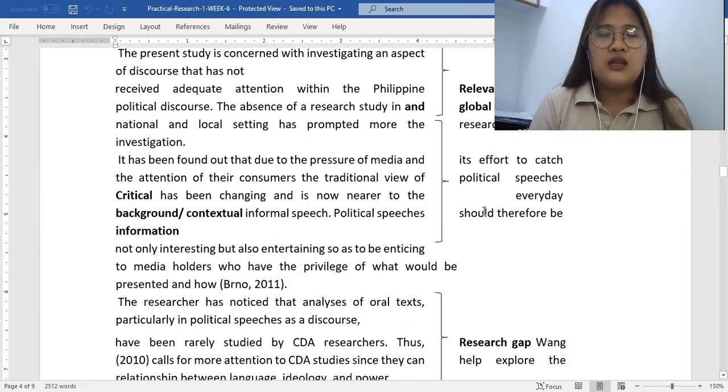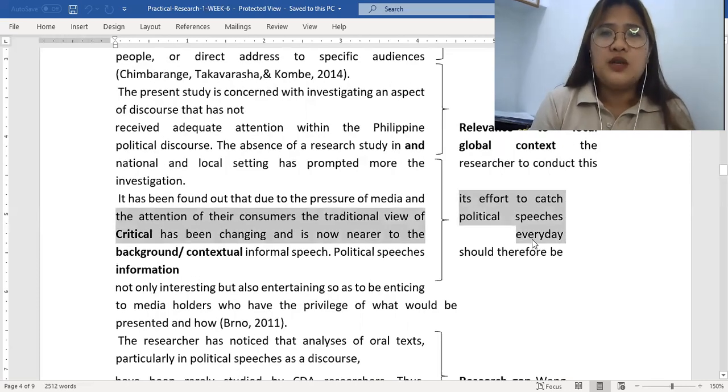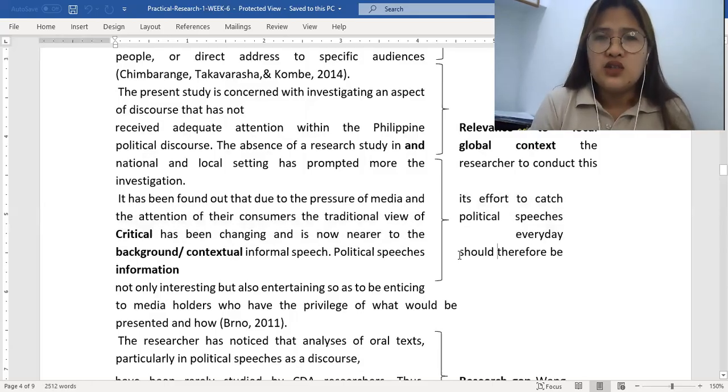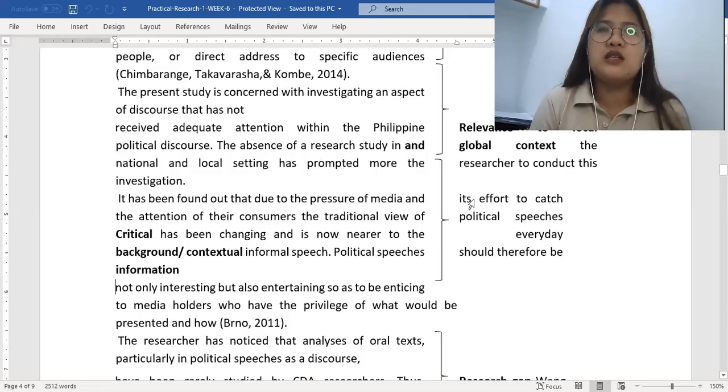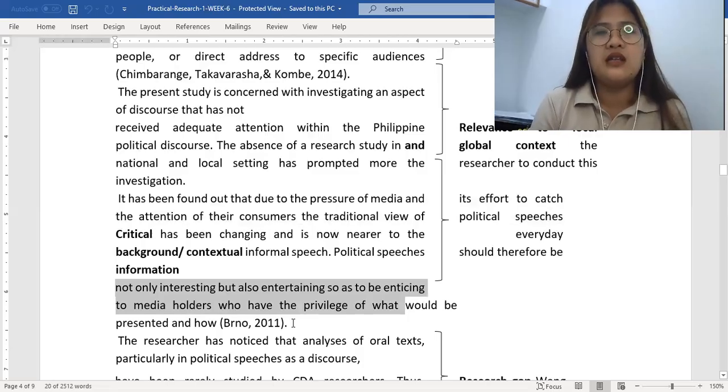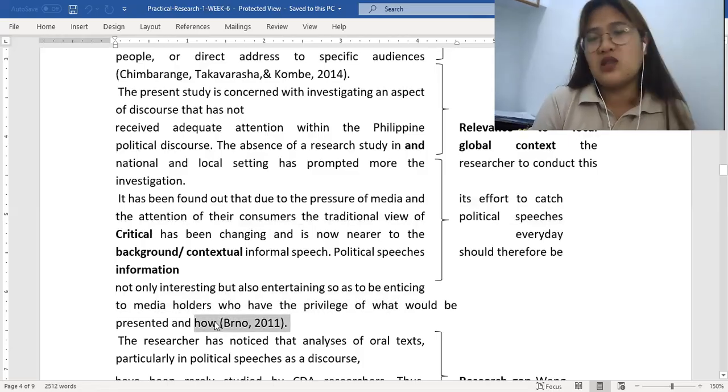So, in effort to catch political speeches every day should therefore be not only interesting, but also entertaining so as to be enticing to media holders who have the privilege of what would be presented and how. So, meron ulit siyang sinite na source.